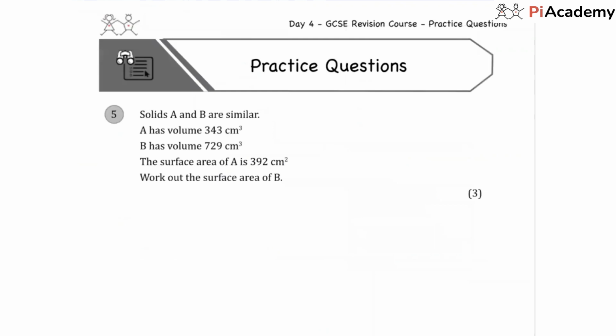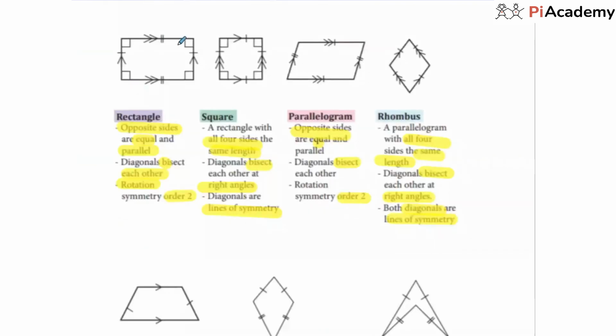Next, properties of various shapes. In a rectangle, you already know opposite sides are equal and parallel, diagonals bisect each other, and rotational symmetry order 2. You know what rotational symmetry is, right? For example, you have a small rectangle like this. If you rotate it by 90 degrees, it comes like this. At 180 degrees, it is the same shape.